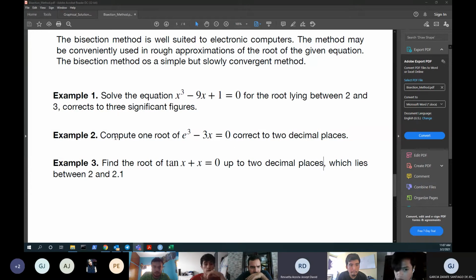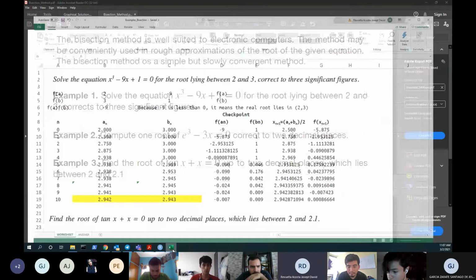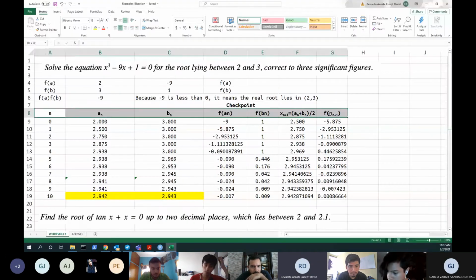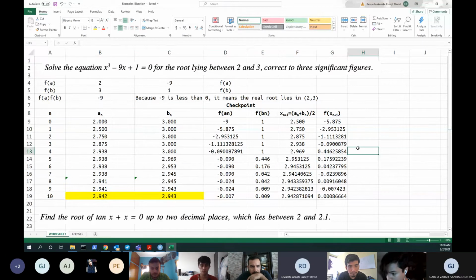So, ¿ya copiaron los ejercicios 2 y 3 para que les ponga el Excel? ¿Ya lo copiaron? Sí, ya. Ok, entonces les pongo el Excel para que vean la lógica, vean las columnas, vean cómo realicé. Si tienen alguna pregunta, también vayan haciéndolo, ¿no? De todos modos, al final de la clase, yo les voy a resolver y les voy a mostrar el ejercicio para que ustedes vean cómo se hicieron, ¿no?